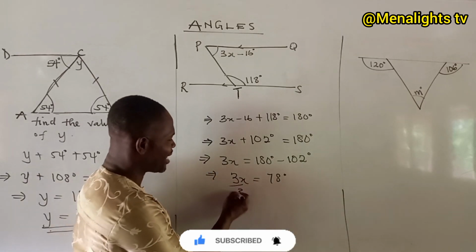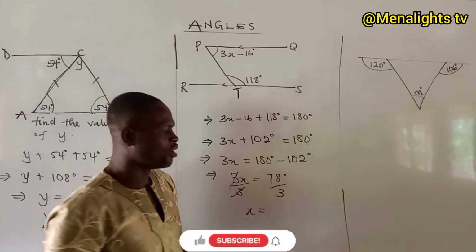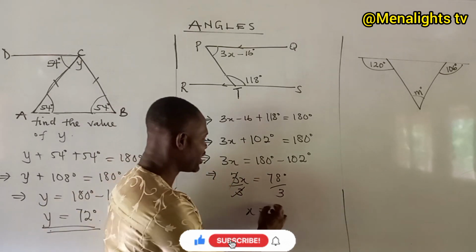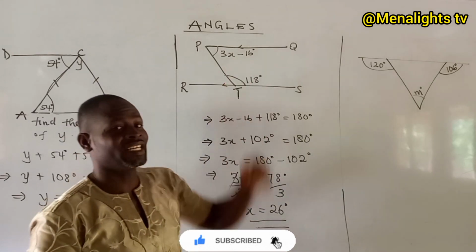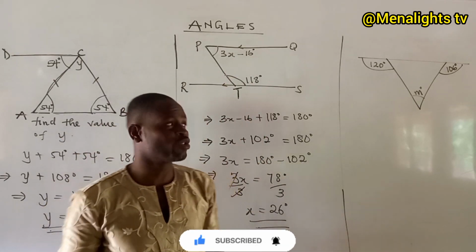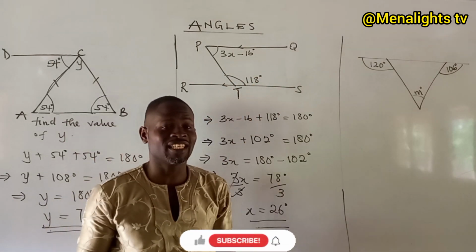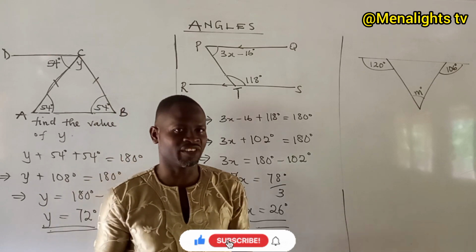So both sides divided by 3. So 3 will go into 78, 26 times. So that means the value of our x here is 26 degrees. So that means 26 times 3 minus 16 plus 118 will surely give us 180 degrees.